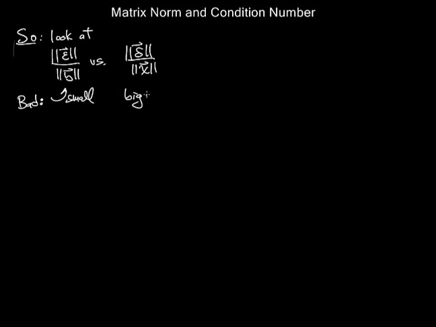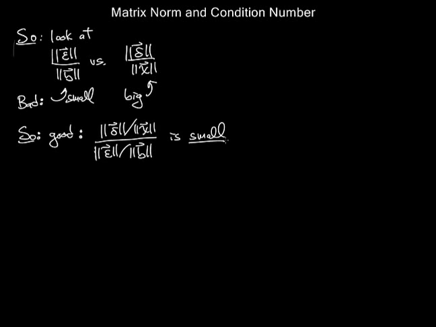And what's bad is if the first term is small, but the second term is big. That's what we're worried about. So let's look at the ratio of these two things, the second thing over the first thing. We want this number to be small. Small is good here.